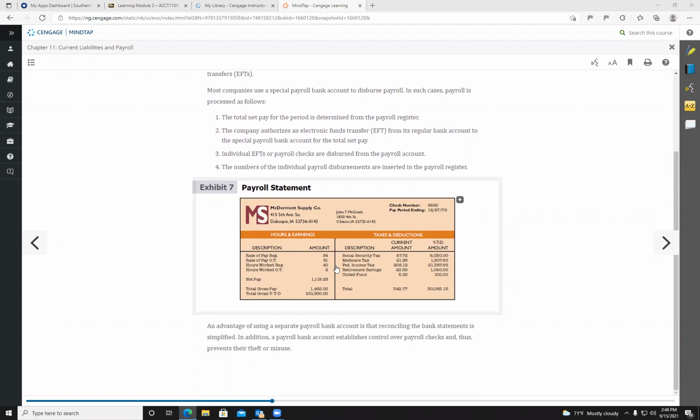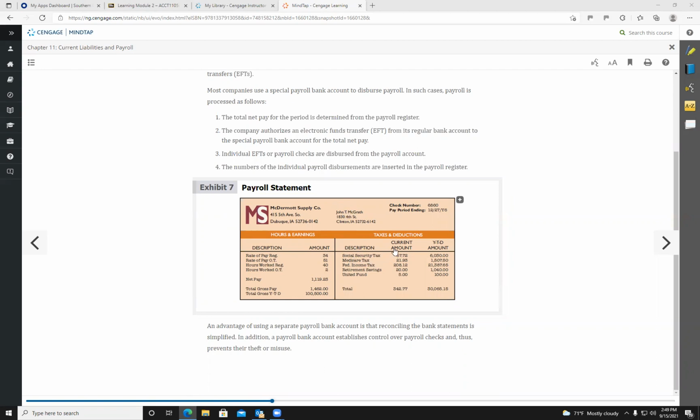So when you get your paycheck, whether it's an actual paycheck or an electronic transfer, you should get some sort of statement. They call it a payroll statement. Some people call it a leave and earnings statement, or LES for short, or a paycheck or a pay stub. There are so many different terms, but they all should have similar information, basically that information from the employee record.